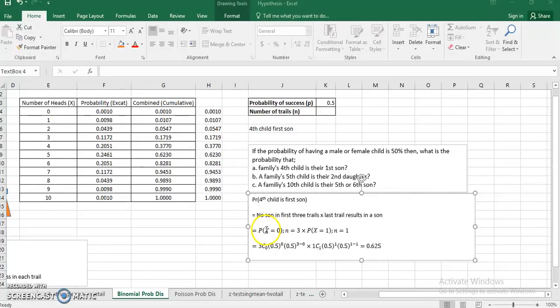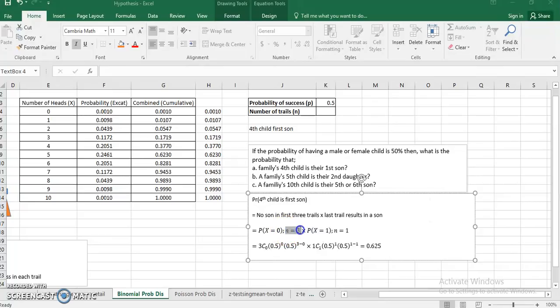X is a random variable representing a son, a male child. And then the probability that the last trial results in a son means the last random variable results in one success, for n is equal to 1. One trial results in one success.